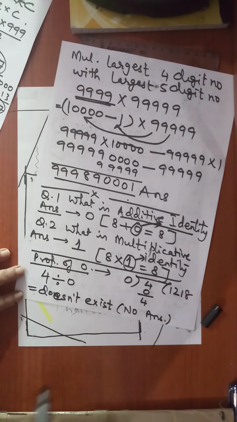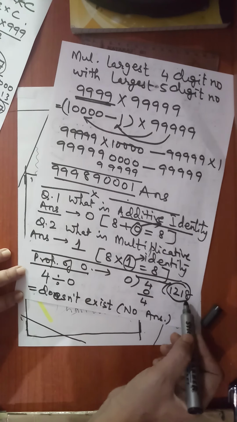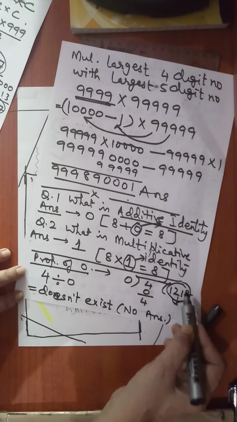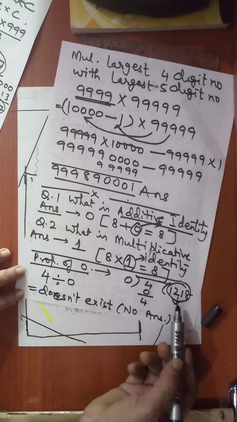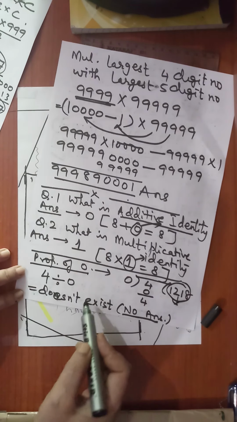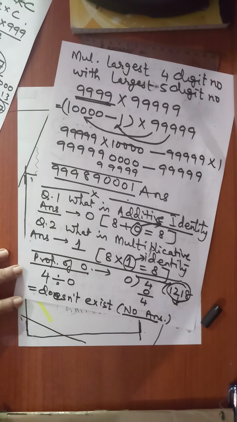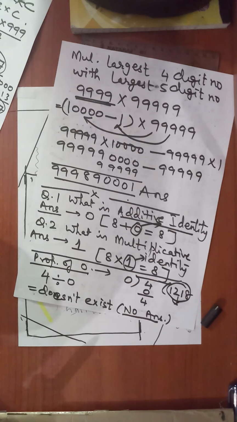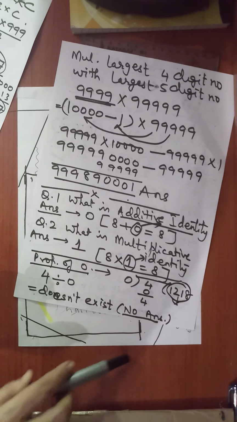That means you can never get a fixed value for the quotient. That means you cannot solve. There is no answer. It cannot be solved. That means it doesn't exist. So it's a very important property of 0 that if you divide any number by 0, you are never going to get the answer or it doesn't exist.